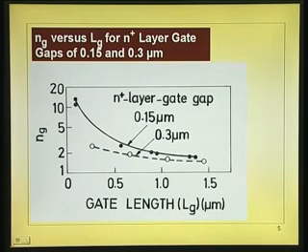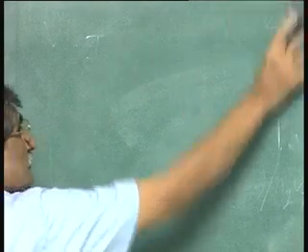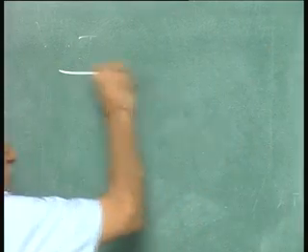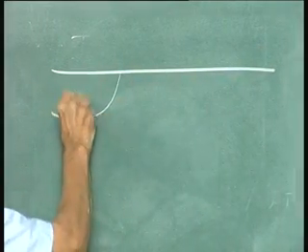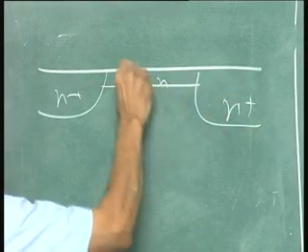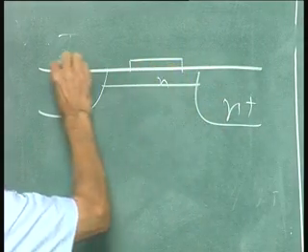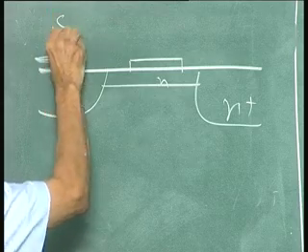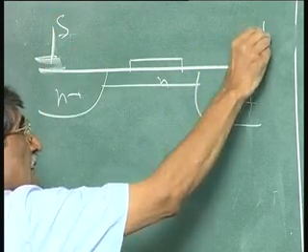If I plot it like this: n plus, n plus, source, drain, gate.